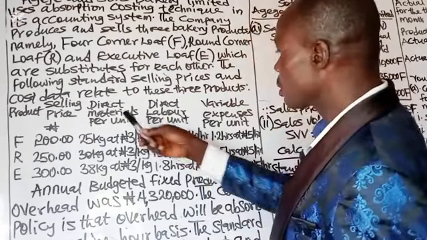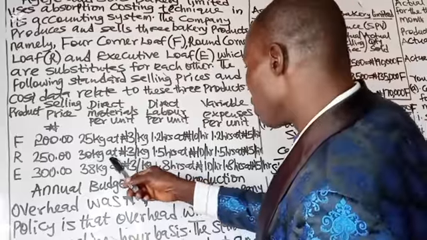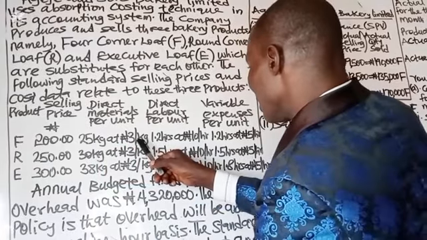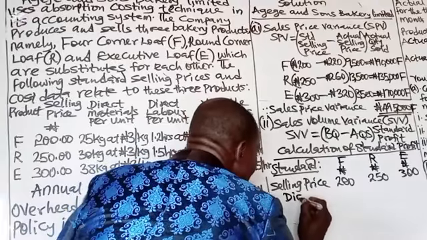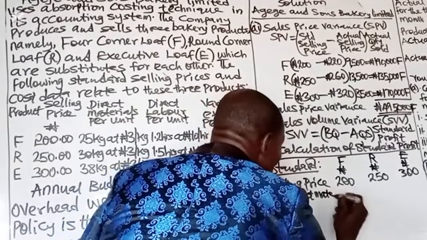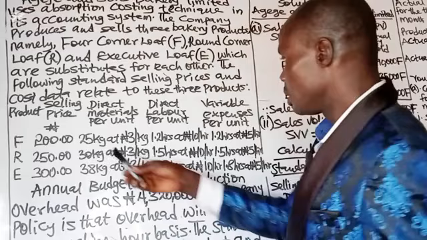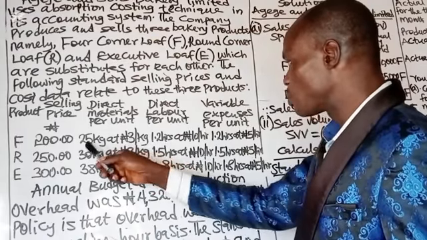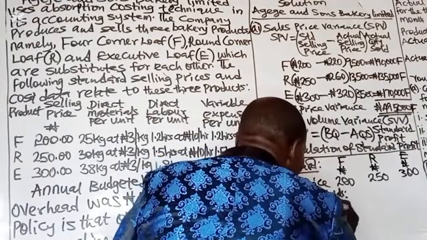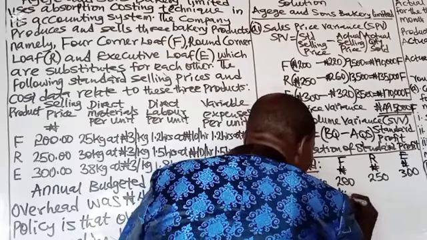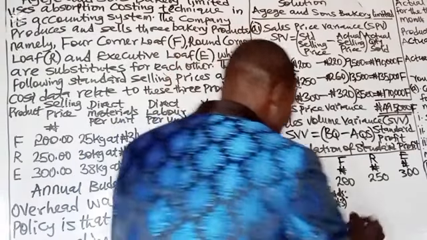Then you are given cost details, which include direct materials per unit. You were told 25 kg at 3 naira per kg. That will be 25 times 3, which gives us 75 naira.